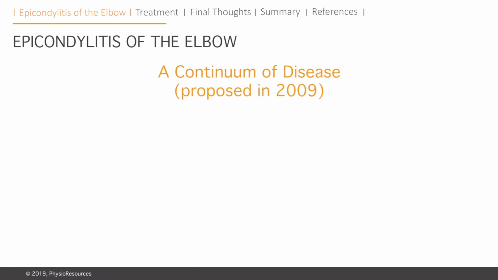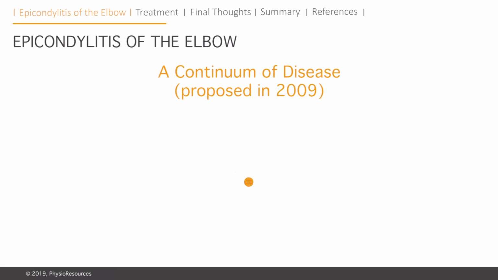So there was a newer classification that was proposed in 2009, which is similar to the old tendinitis and tendinopathy schema, but with some key differences, which we'll discuss. The newer classification was referred to as a continuum of disease.